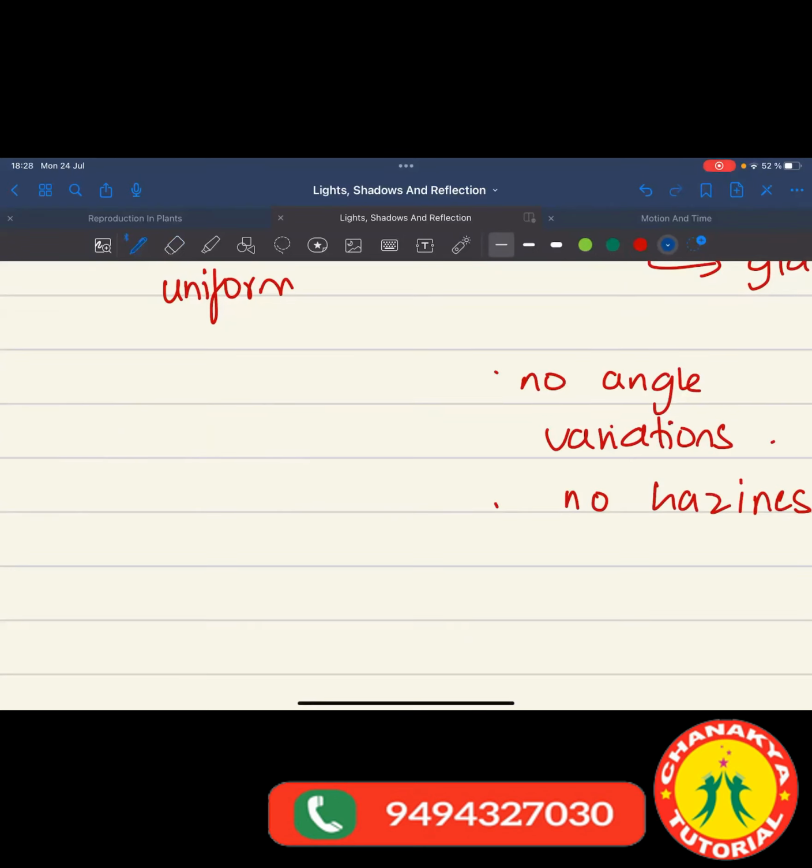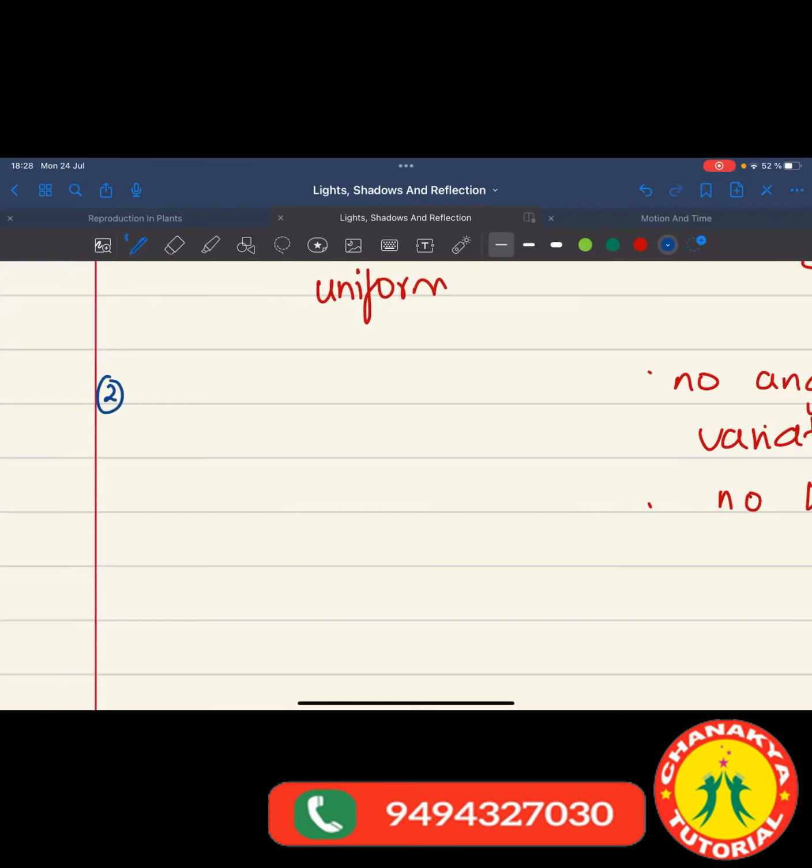Now going to the second type, we have diffused reflection. Reflective surfaces other than mirrors generally have a very rough finish. It might be very scratchy behind, due to wear and tear. You must have seen scratches behind mirrors or dense dirt on the surface.